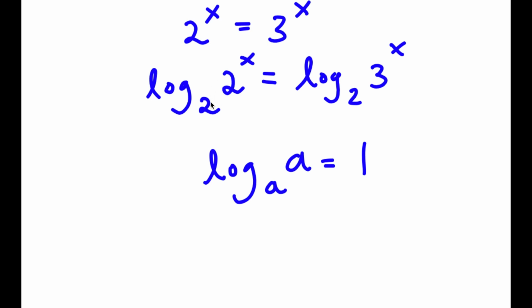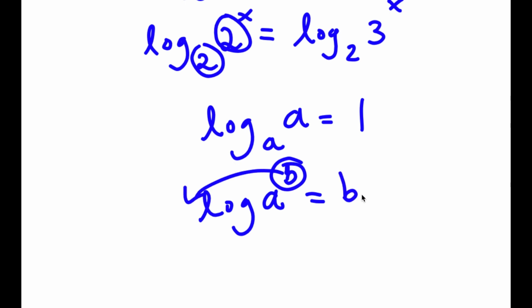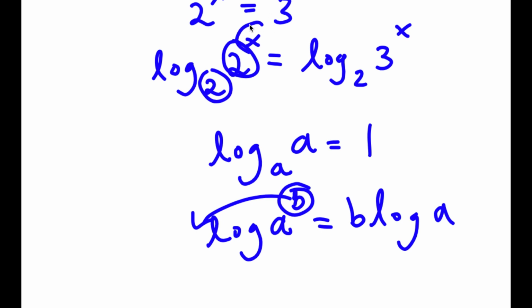So as you see here, we have log base 2 of 2. And actually before I cancel these two out, if I have something in the form log base a of a to the power of b, I can move this exponent b to the front. So it's going to equal b times log a. So in this case, I have x as my exponent, so I can move this to the front.